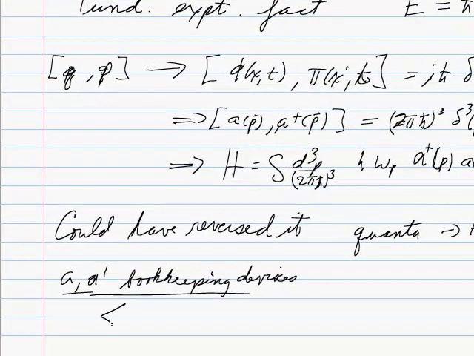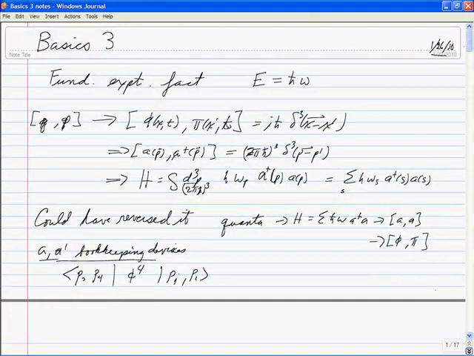So as an example, if we took incoming states P1, P2, outgoing states P3, P4, and we put 4 fields in between there. This is a matrix element we're going to encounter later on. Some of these fields have creation operators, and some of them have annihilation operators. So with some combinatoric factor, which we will call out later, this can annihilate the state P1 with an annihilation operator, annihilate the state P2, and create the states P3 and P4.